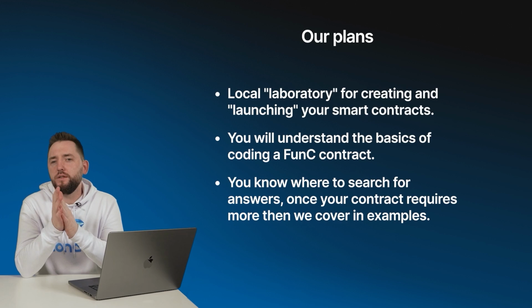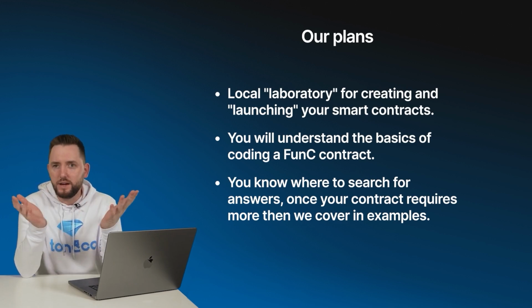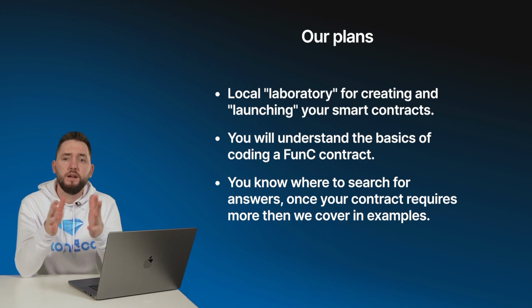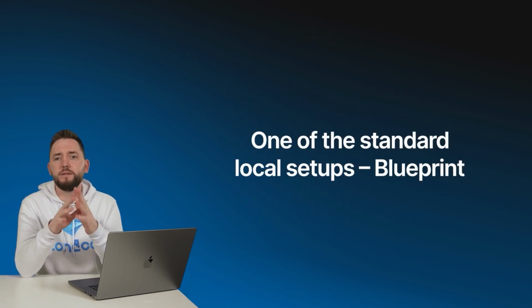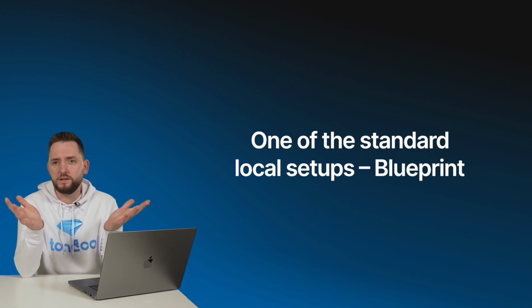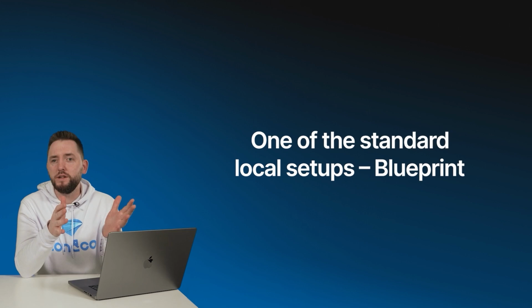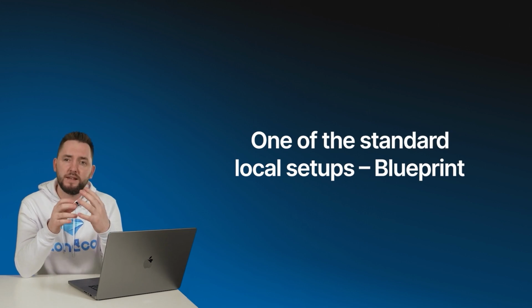You might be asking yourself, is there any standard local setups environments for writing, testing, and deploying smart contracts? And that's actually a good question. Ton has a rapidly growing set of programming tools, and sometimes it doesn't make sense to reinvent the wheel, to create your own custom local setup. And there's a great one that's worth mentioning, and it's maintained by Ton Tech team, officially supported by Ton Foundation.